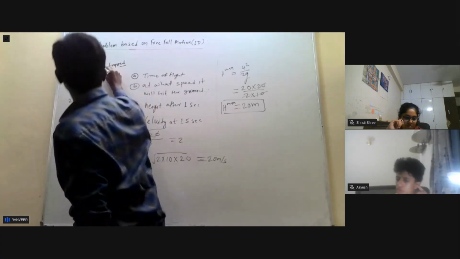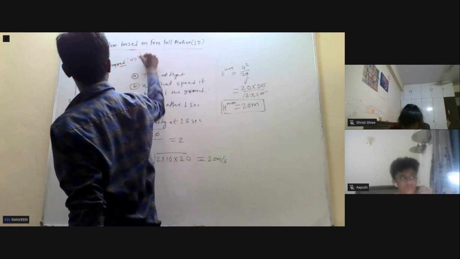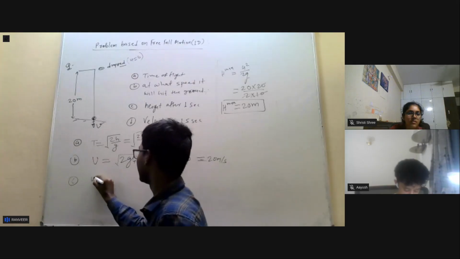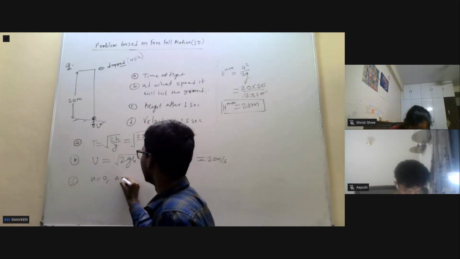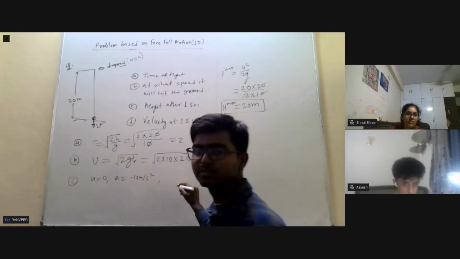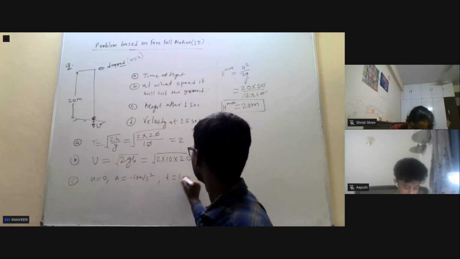Dropping means u equal to 0. So you have given u equal to 0, a equal to minus 10 meter per second square. What is the time? 1 second.